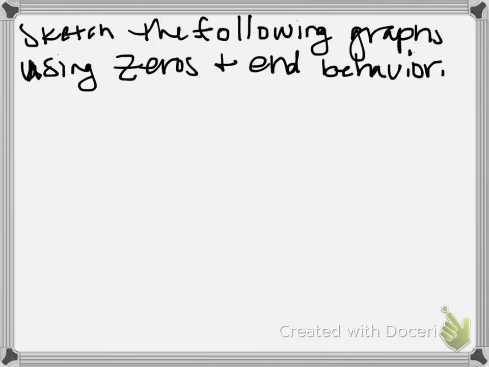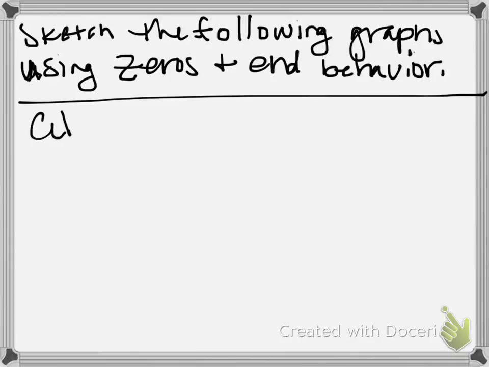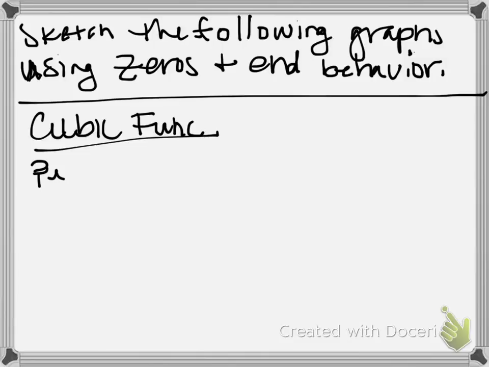One thing that I want you to know, so we're actually just going to be doing cubic functions. They kind of look three different ways, for the most part. We have our parent function, which looks like this, okay?